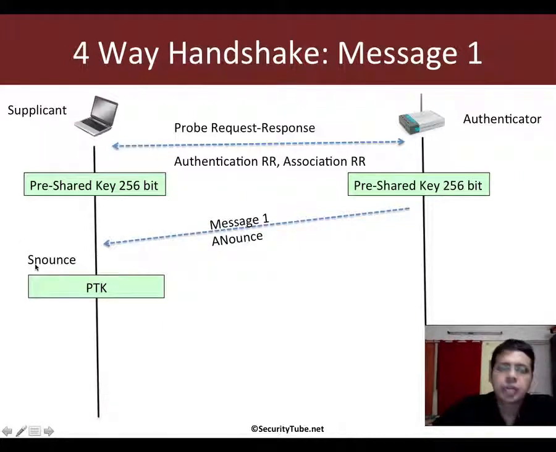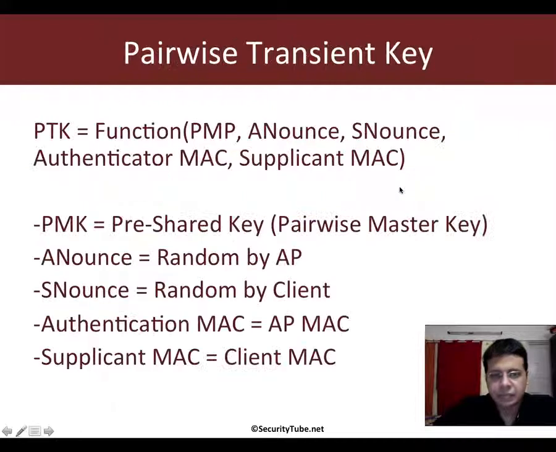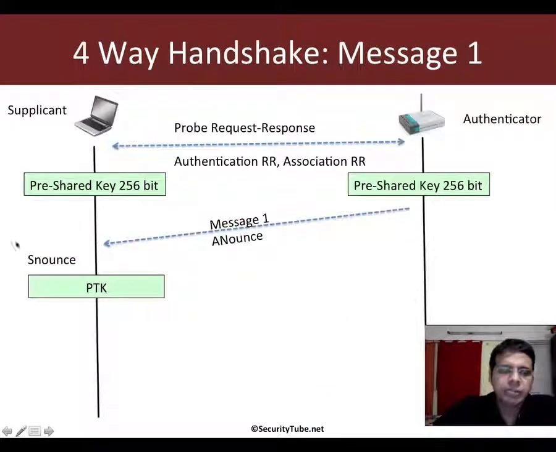The supplicant nonce is created by the client himself, hence it knows that as well. The client also knows the PMK, which is nothing but the pre-shared key, and it is also aware of its own MAC address and the authenticator's MAC address. And using all of this, it actually creates the PTK, or the pairwise transient key, right?